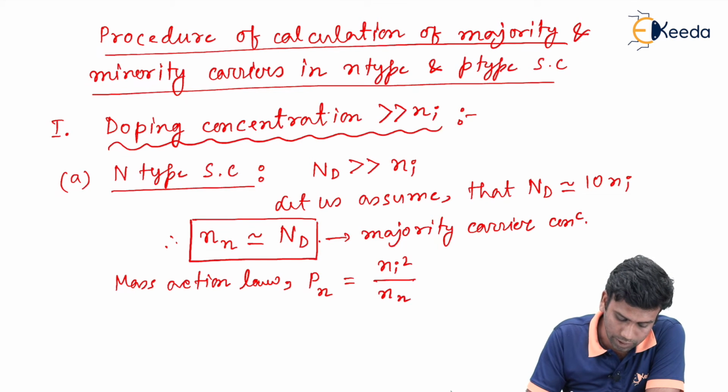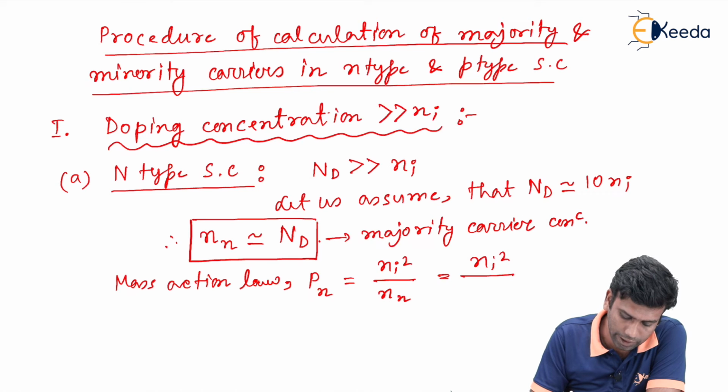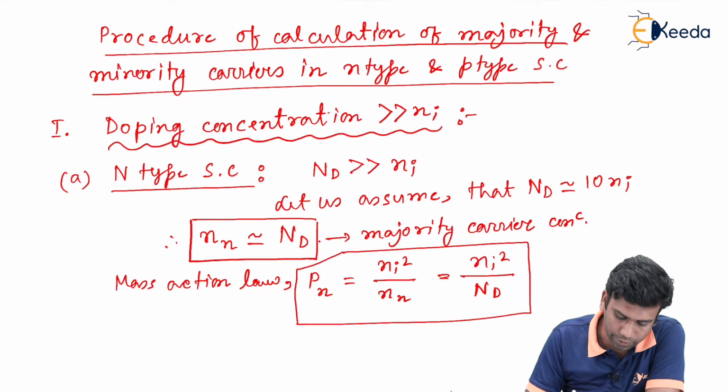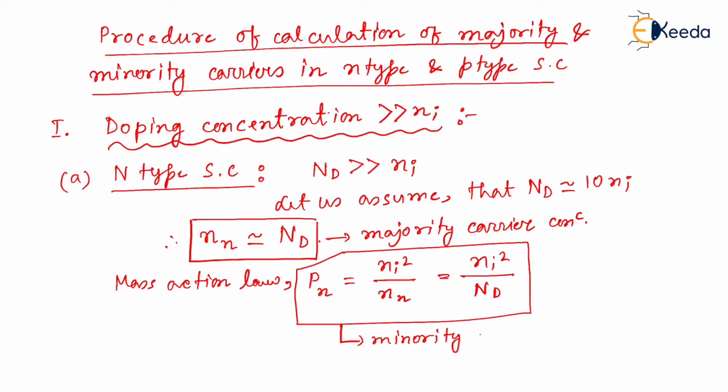So, this equation can be written as, in place of Nn, we can put the Nd value. This equation will give the minority carrier concentration in the N-type semiconductor when the doping concentration, that is Nd, is very much greater than Ni.